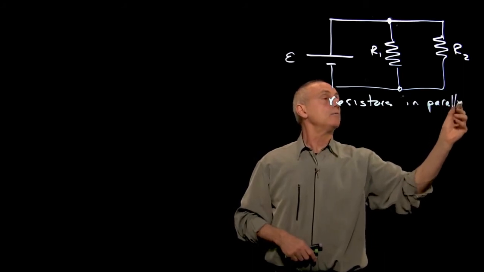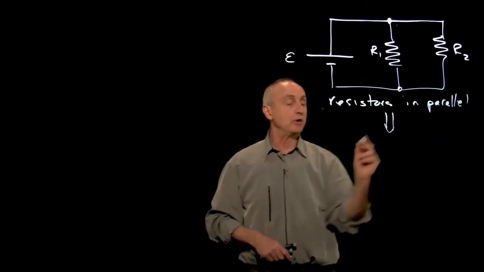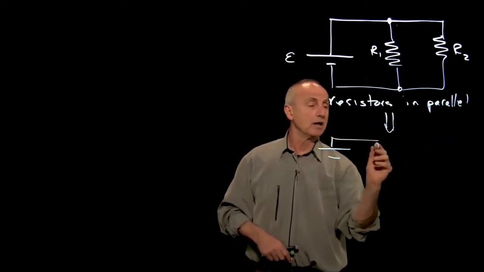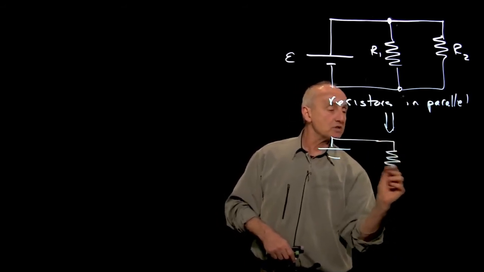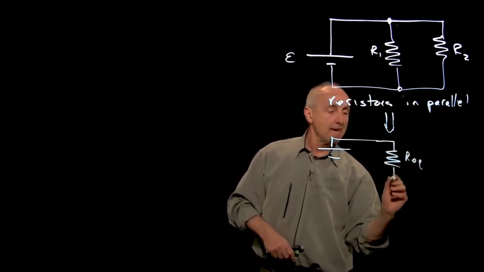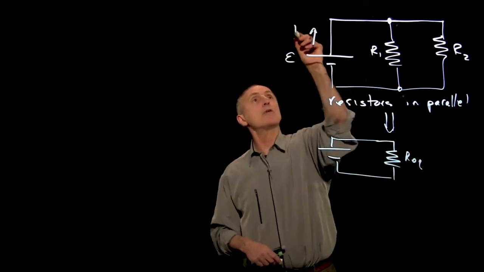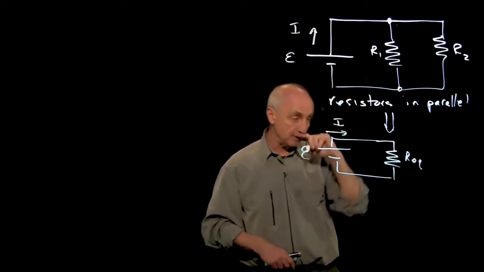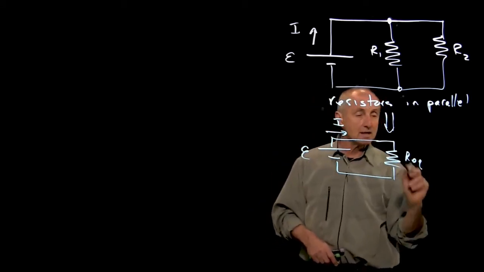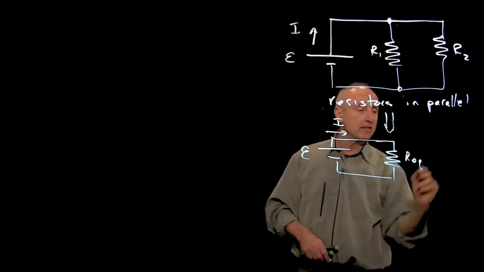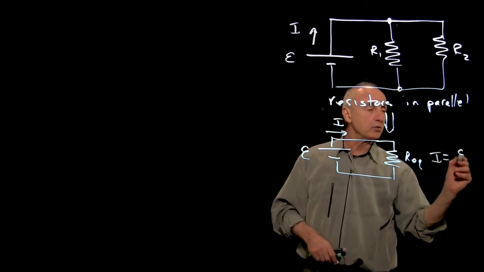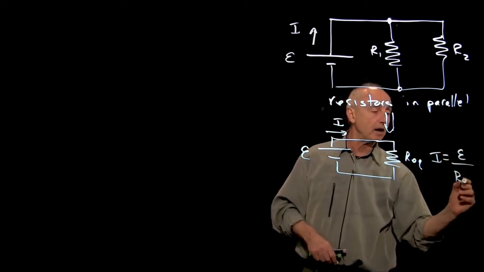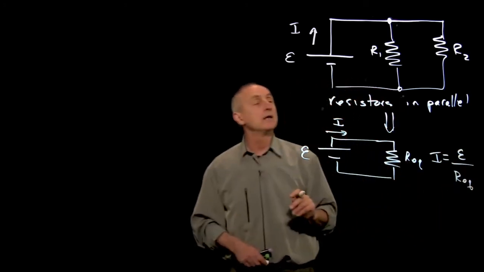Now, again, what we want to do is reduce this network to an equivalent network where we just have one resistor, R equivalent. And here the battery is putting out a current I. So that's the current we use here. There's the EMF. And so once again, we have the relationship that the current is equal to the EMF divided by the equivalent resistance.